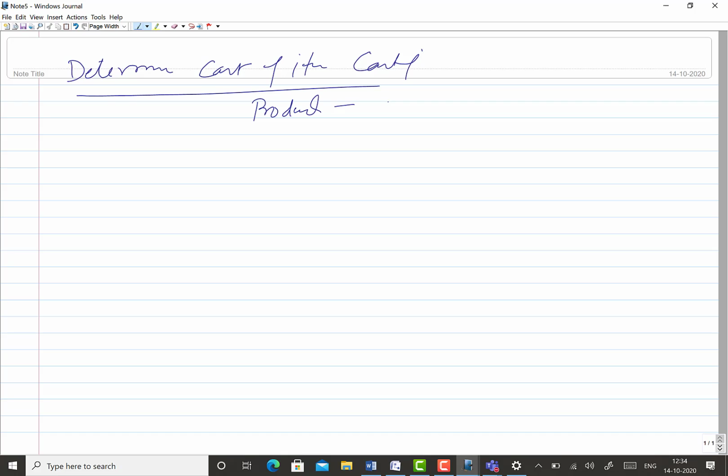Then we have determining the costing, that is, the cost of an item. How is it done? For production, what you need is labor, or the man, you need material, and you need the overheads, the expenditure on account of miscellaneous things.